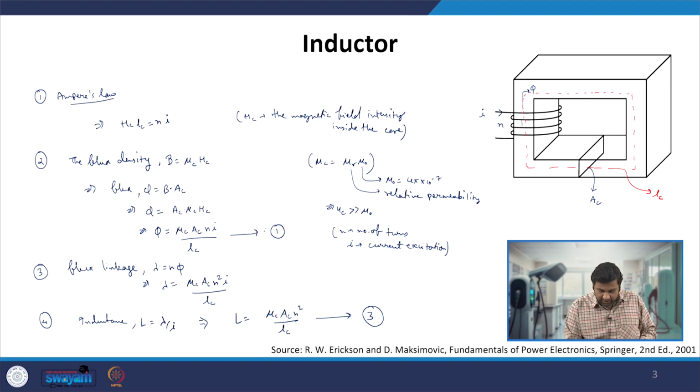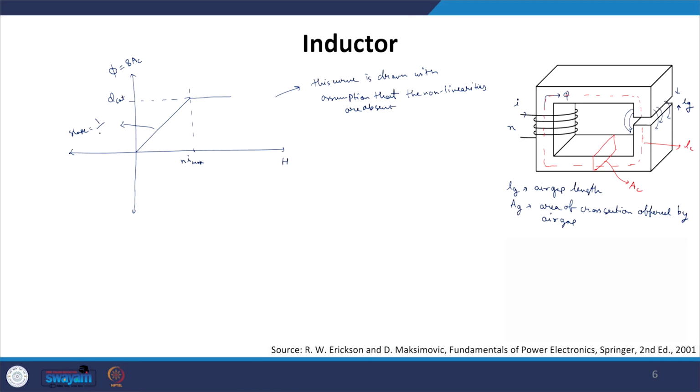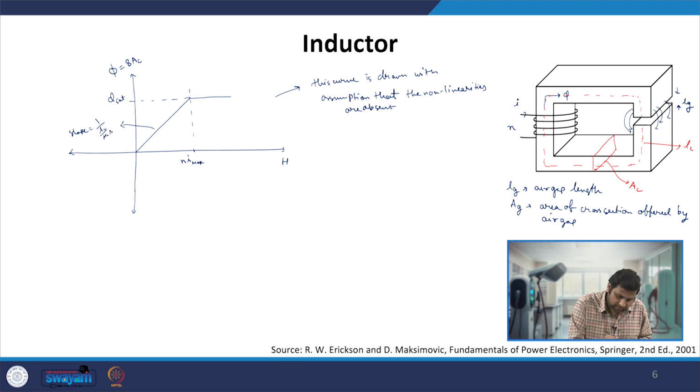From equation number 1, the slope of the phi versus Ni curve is nothing but 1 by Lc by mu c Ac. Since my mu c is very much bigger, this value is smaller, so the slope is larger, and that is when you will see that this curve reaches saturation faster.